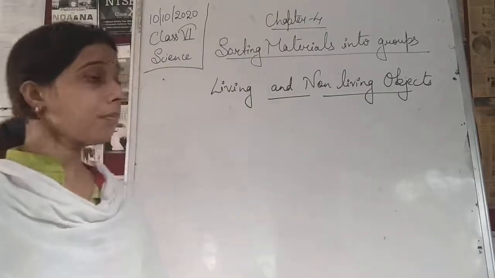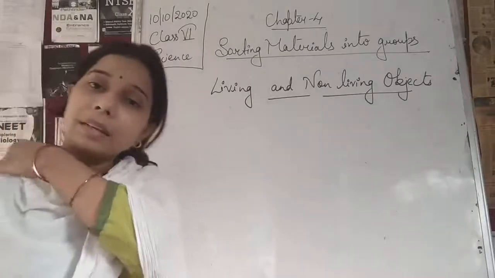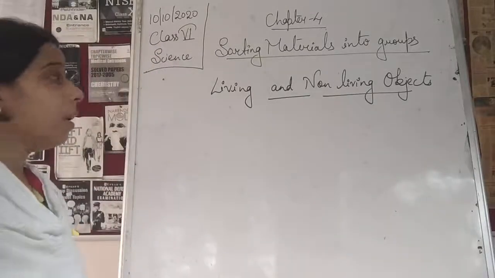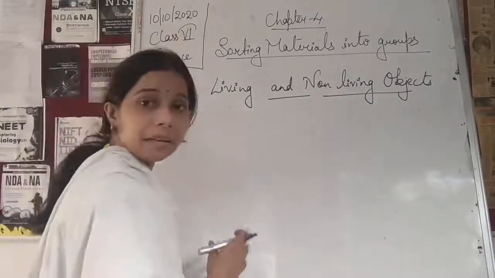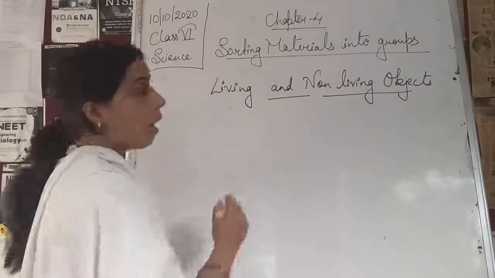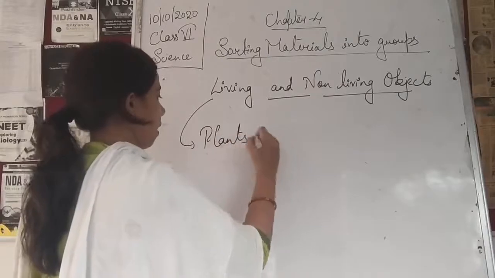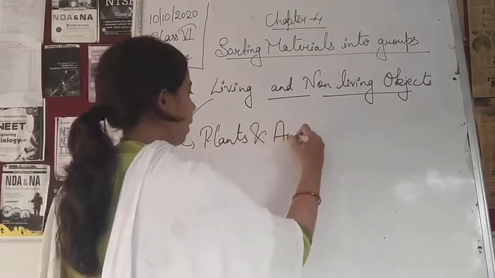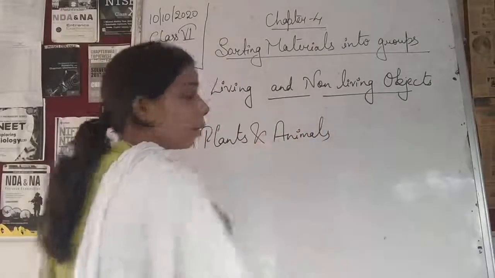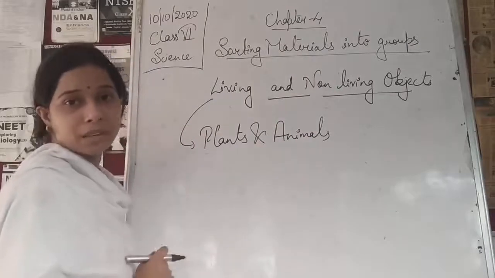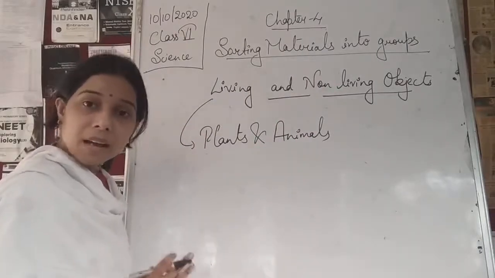Even living objects are again classified into two: plants and animals.